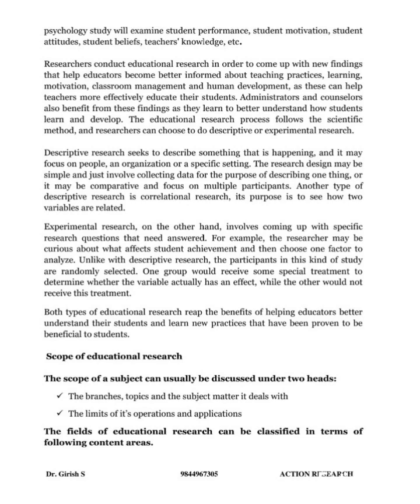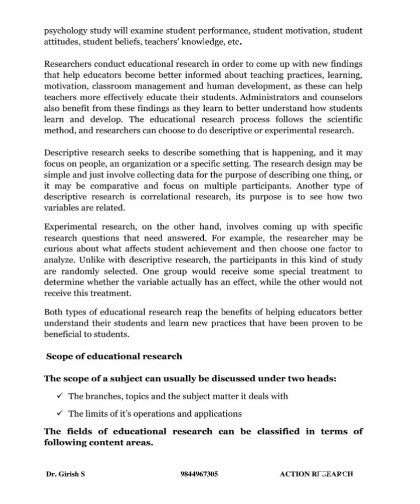The research design may be simple and just involve collecting data for the purpose of describing one thing, or it may be comparative and focus on multiple participants. Another type of descriptive research is correlational research. Its purpose is to see how two variables are related.